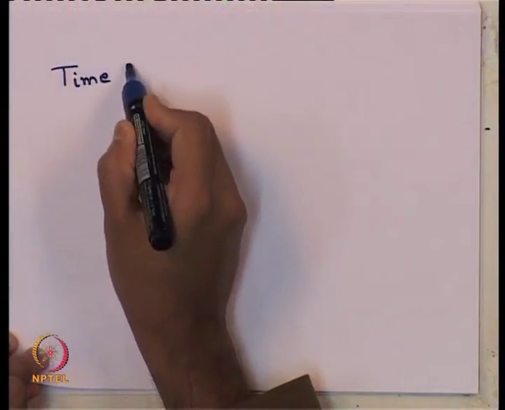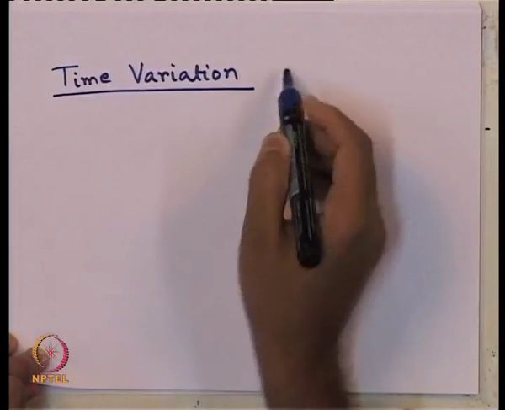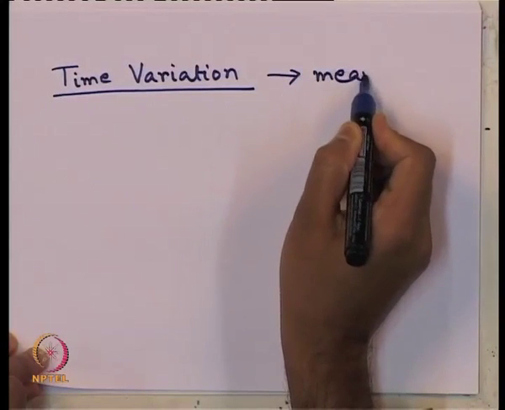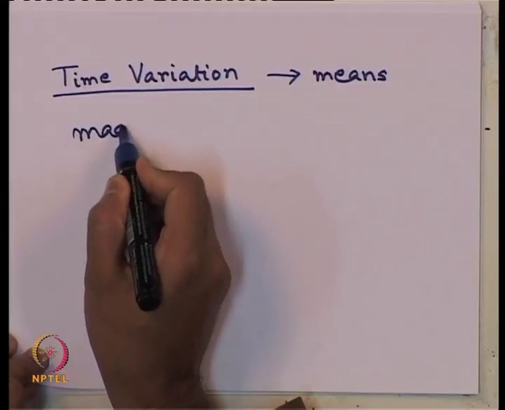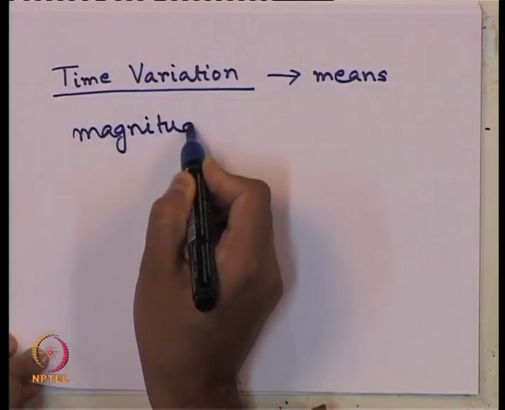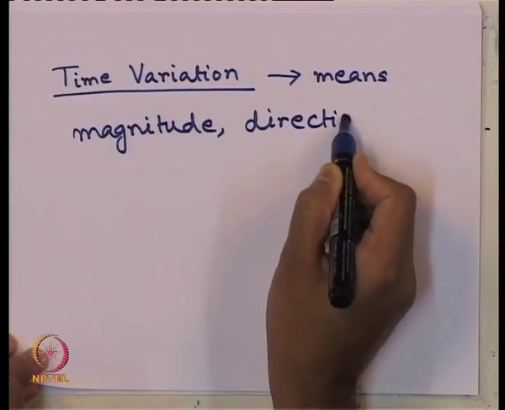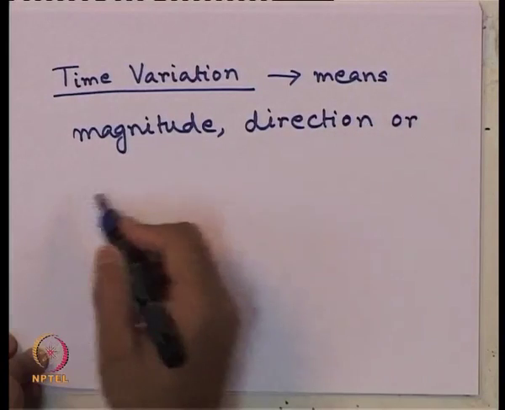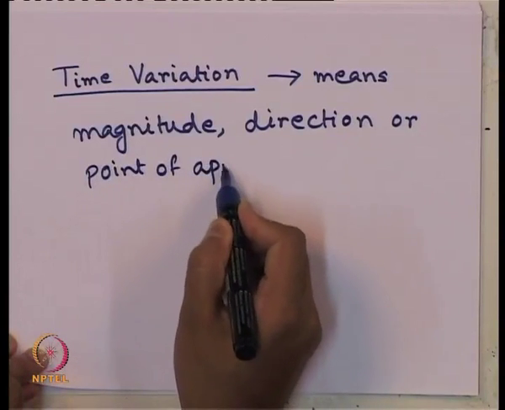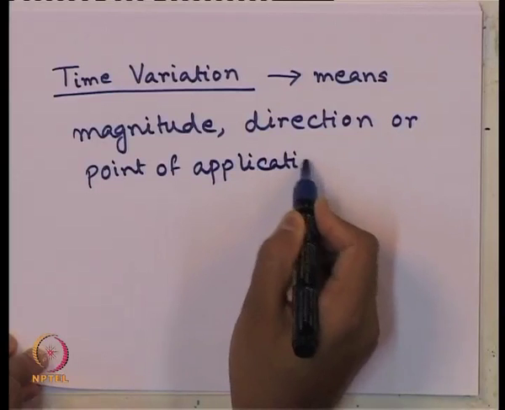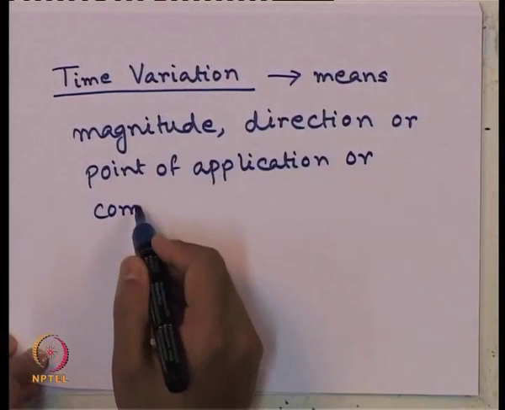Time variation means it varies in magnitude, direction, or point of application, or a combination of any of these three parameters.